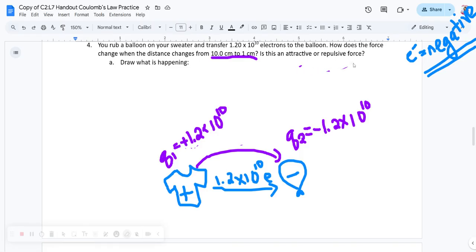So think about your charges right now. If your charges are the same, right, then we would have repulsive. If they are opposite, we're going to have attractive. So take a look at Q1, take a look at Q2. Are they the same or are they opposite? And that is going to tell you whether you have repulsive or attractive forces. I'm going to let you think about this one, okay?